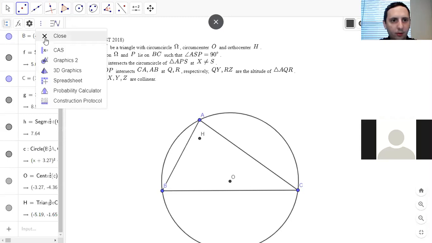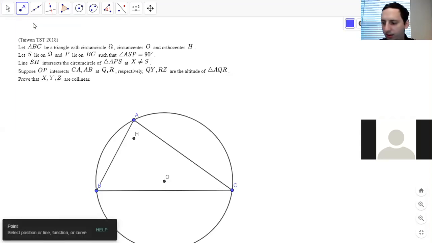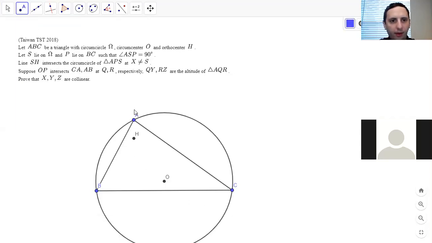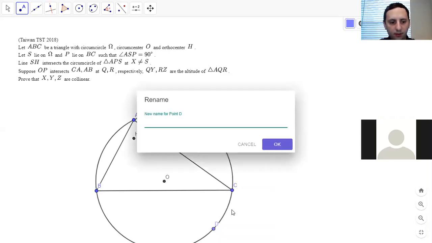triangle center. So S lies on the circumcircle, so S can be any point. And P lies on BC, so that angle ASP is equal to 90. That's kind of interesting. So basically we want the circle with diameter AS.